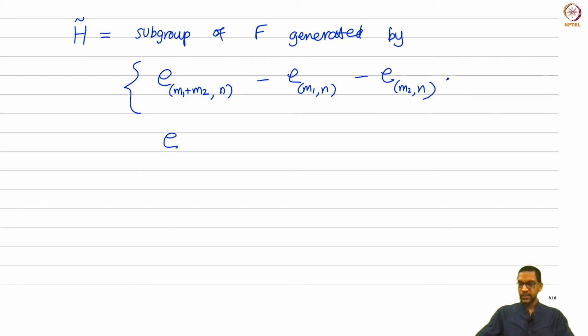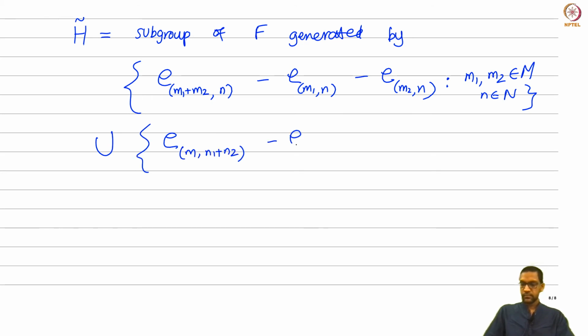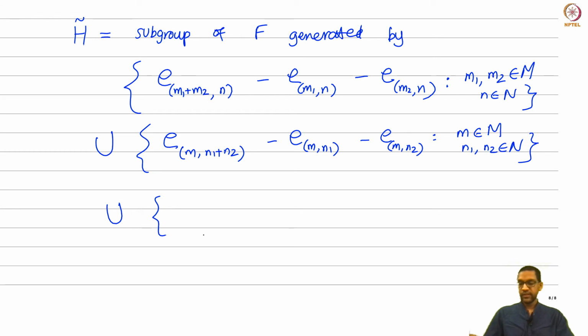So this is for all m1, m2 in M and n in N, union a similar thing with n1 and n2. And finally, recall these were the two things you needed to satisfy the first two properties, but now we have this R balanced condition, so we also throw that in.